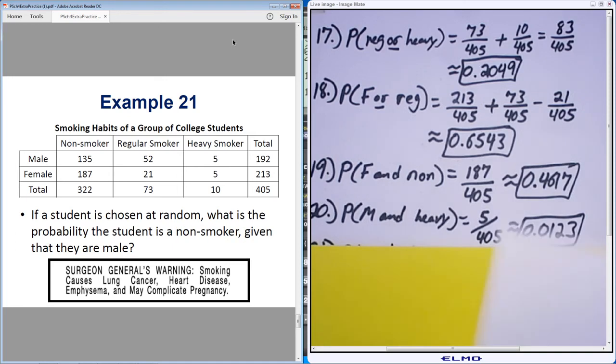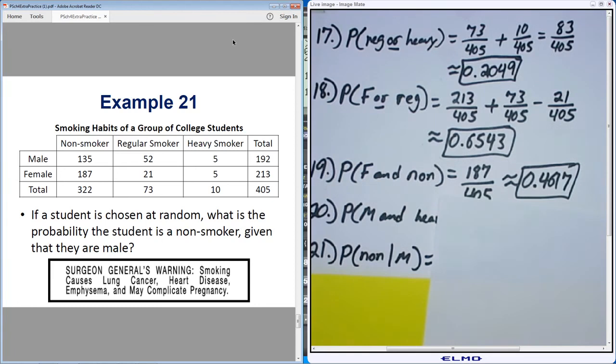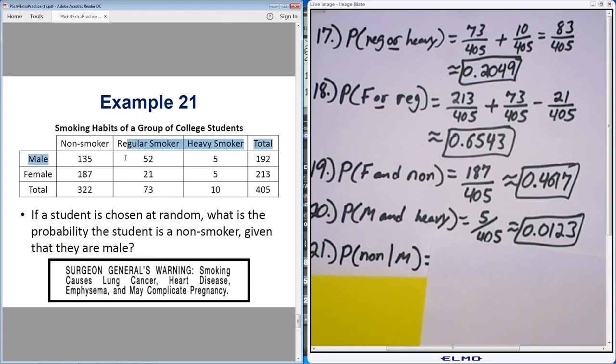All right, 21 uses the word "given." It says, what's the probability the student is a non-smoker given that they are male? Now, whatever the given is, that's what you narrow the table down with. So in this case, only look at the males. It's given that they're male. Out of those males, how many are non-smokers? 135. That goes in the numerator. The denominator, this is the time it's different, is the total of what's given.